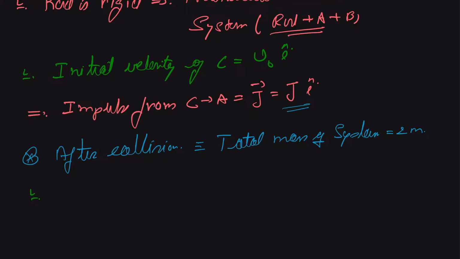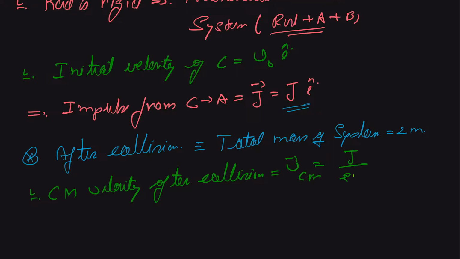Therefore, we can say that the center of mass velocity after collision, let us call this VCM, will be equal to J divided by 2m, in the i unit vector direction.